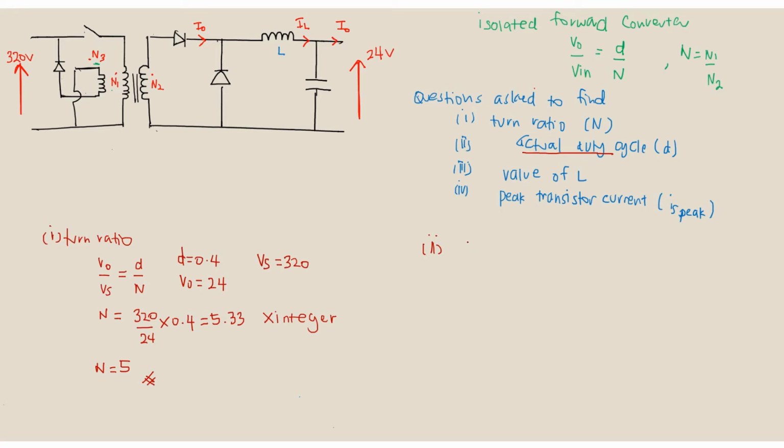Given this formula again, your V out is 24 divided by 320, and the new D which you want to calculate, you have N as 5.